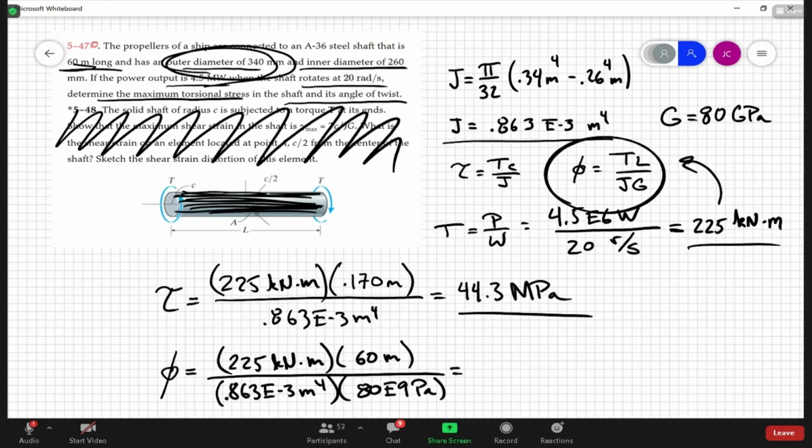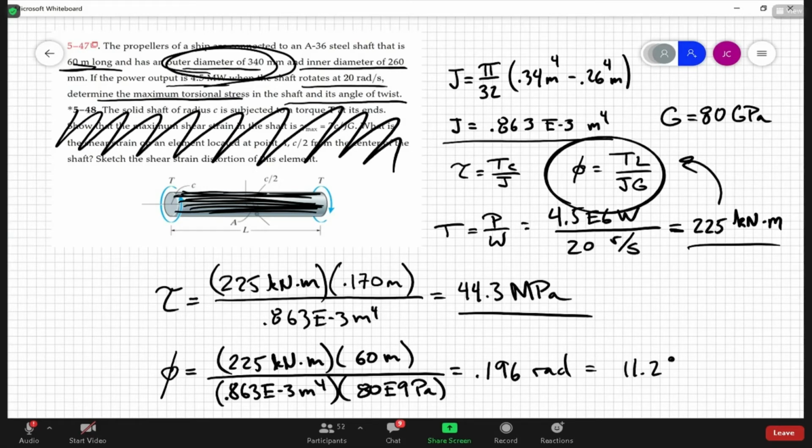Okay, that gives me 0.196 radians. Or if you want to get that in terms of degrees, there's 180 degrees per every pi radians, so you can multiply that by 180 over pi. And that is 11.2 degrees of twist.